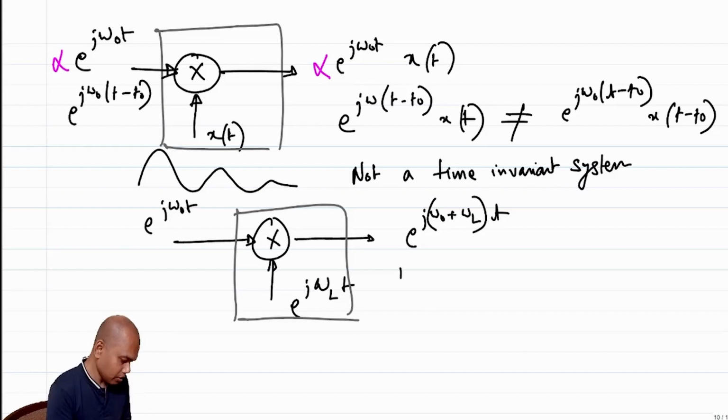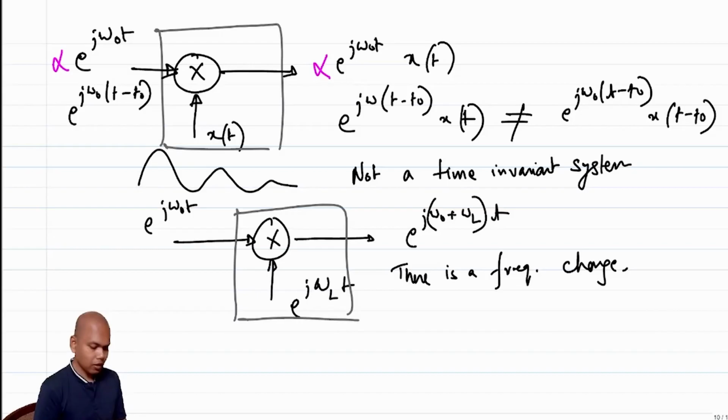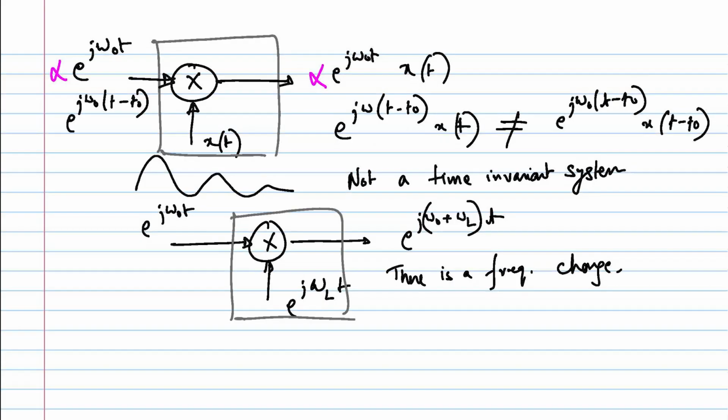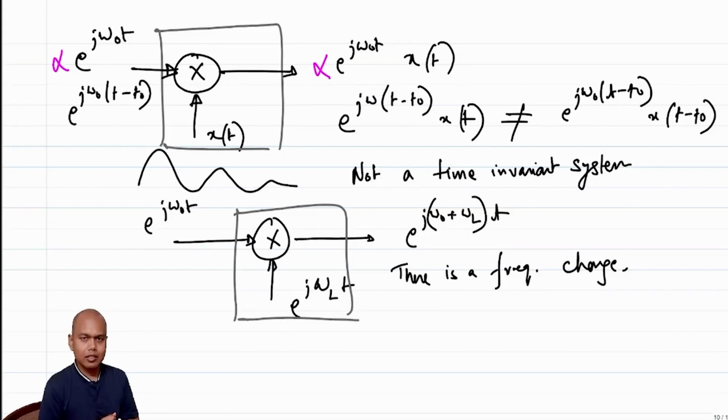This is the case where, when you have time variant systems, when the system is no longer time invariant, you can have a change in the frequency between the input and the output. And this has severe consequences, both positive and negative, in RF chains, and we are going to talk about some of it in the next class, and then take it from there.